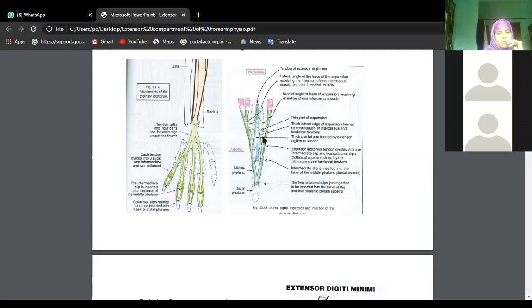This is the proximal phalanx, this is the middle phalanx, this is the distal phalanx. So this tendon splits into 3 slips: the 2 slips at the extreme ends join and are inserted into the base of the distal phalanx, and the middle slip is inserted into the base of the middle phalanx.